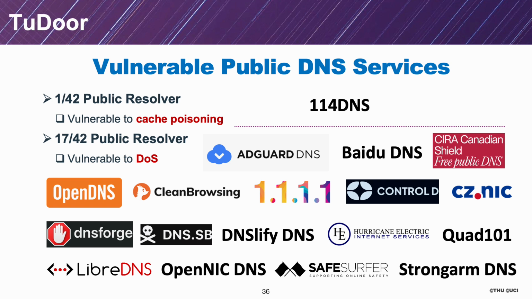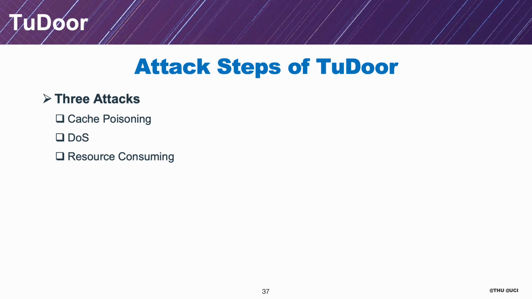Besides, we tested 42 public DNS services, and one of them, 114 DNS, is vulnerable to cache poisoning. And 17 resolvers such as AdGuard DNS, Baidu DNS, OpenDNS, and Cloudflare are vulnerable to the DoS. So based on these vulnerabilities, we proposed 3 attacks by exploiting TuDoor, including cache poisoning, DoS, and resource consumption.